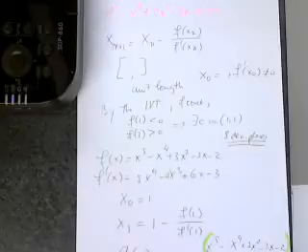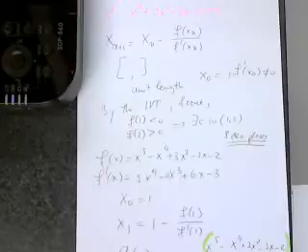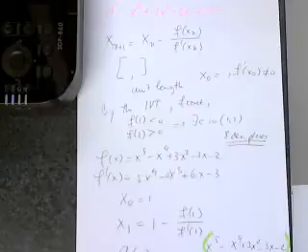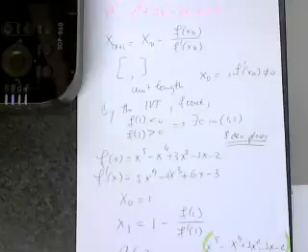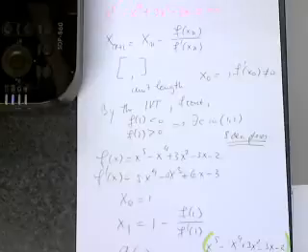X minus parentheses, x to the 5th minus x to the 4th plus 3x squared minus 3x minus 2, over 5x to the 4th minus 4x to the 3rd plus 6x minus 3. Thank you very much.